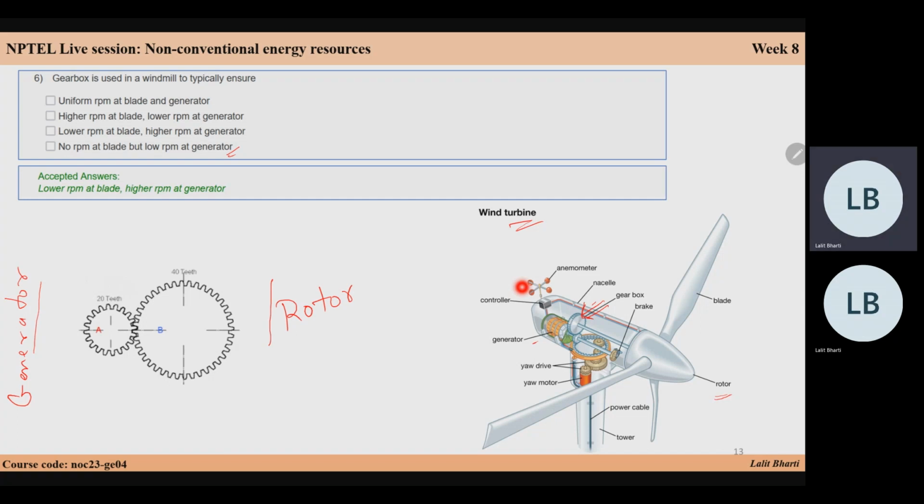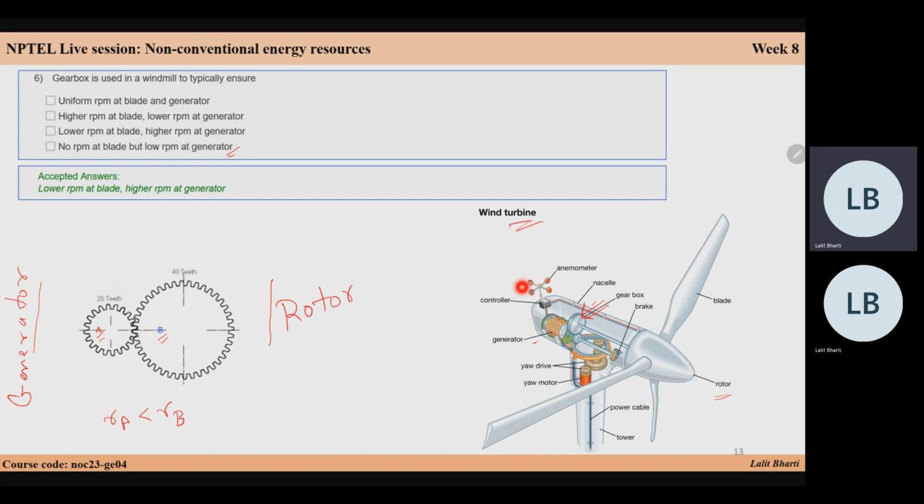A gearbox is basically a combination of two discs. Let's say the first is A and the second one is B. They have a difference in their diameter. They are connected by teeth, in such a combination that if one disc rotates, the other will also rotate with it.